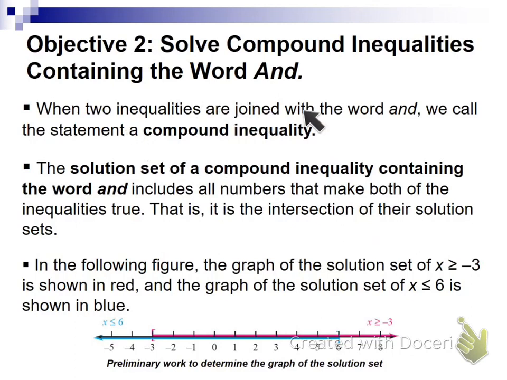Okay? So if we look at this right here, when two inequalities are joined with the word and, we call it a compound inequality. It's an intersection. So look right here. Follow me. When x is greater than or equal to negative 3 and x is less than or equal to 6, it would be just this area right here.